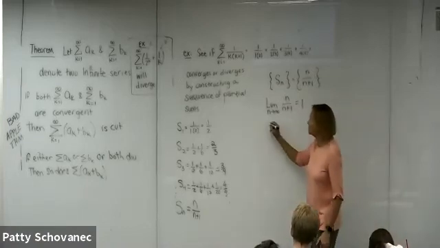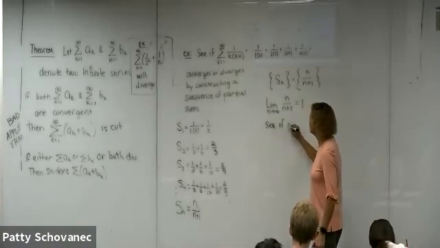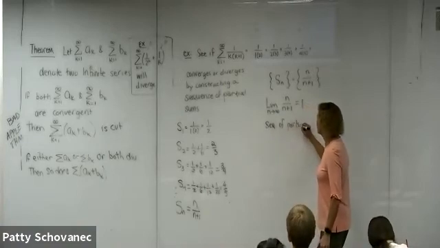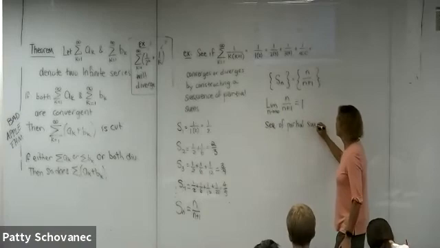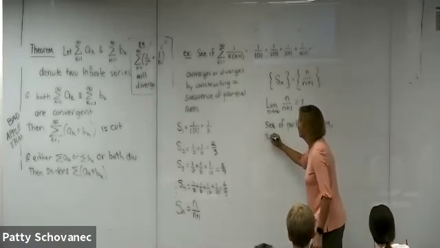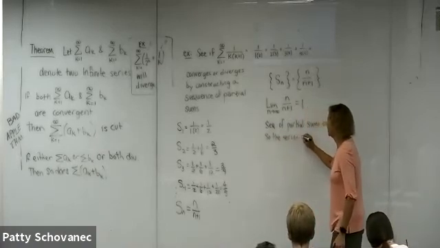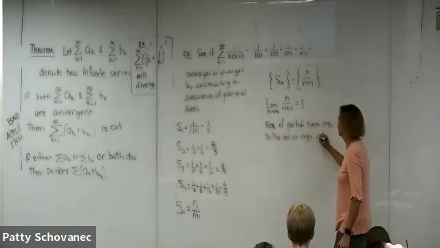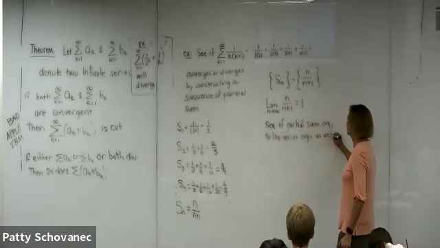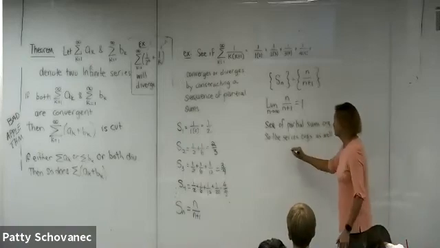So there's our conclusion: the sequence of partial sums converges. So the series converges as well, and to the same number, to 1.